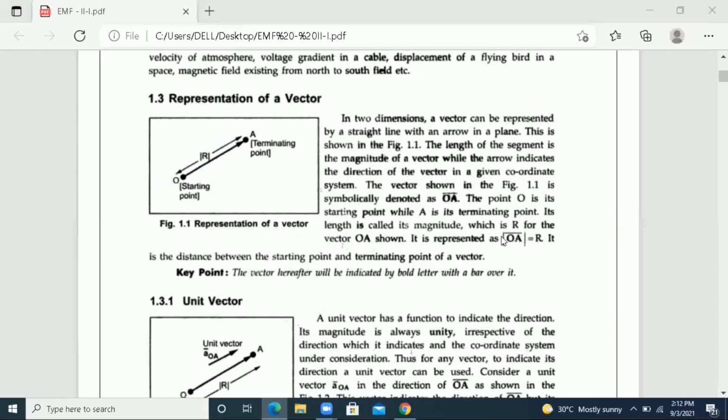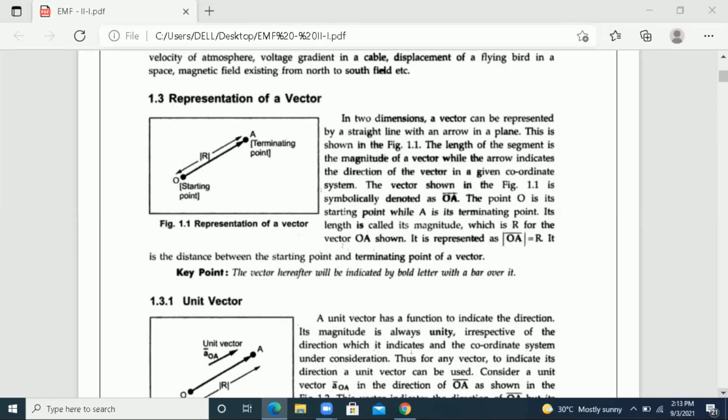The magnitude of the vector is denoted as such: vector OA with these 2 lines. So you denote a vector by both lines, OA, and the magnitude R.